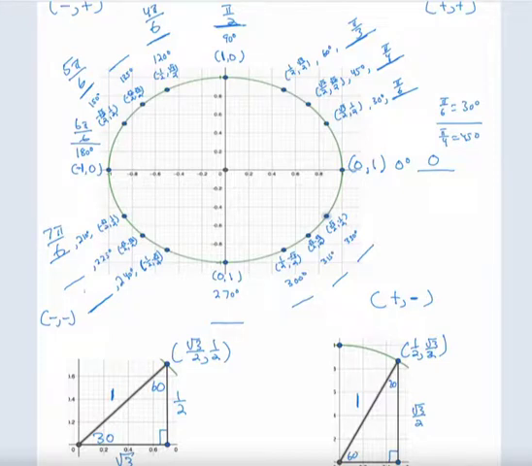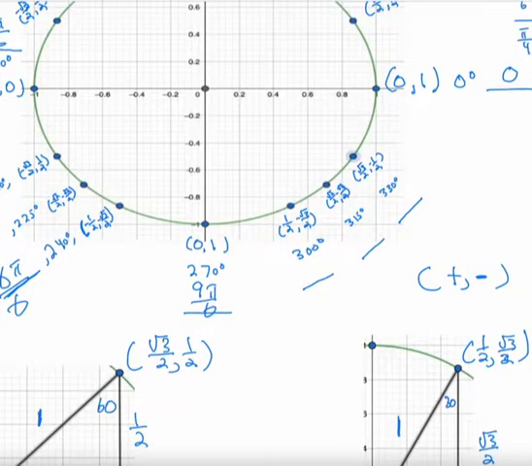And then 8 pi over 6. This will be 9 pi over 6. Zoom in just a bit more here. 10 pi over 6. And 11 pi over 6.